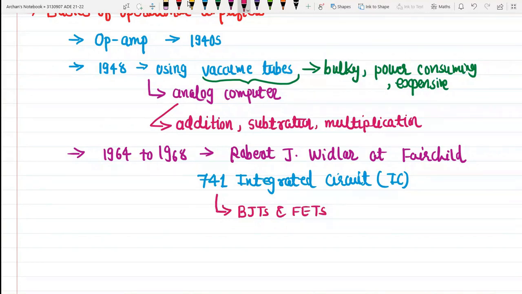We now know the operation and constructional details of BJTs and FETs very well. These BJTs and FETs are fabricated along with other supporting components on a single semiconductor chip or wafer, and the size of this chip was only a single pinhead. That is very small, right?